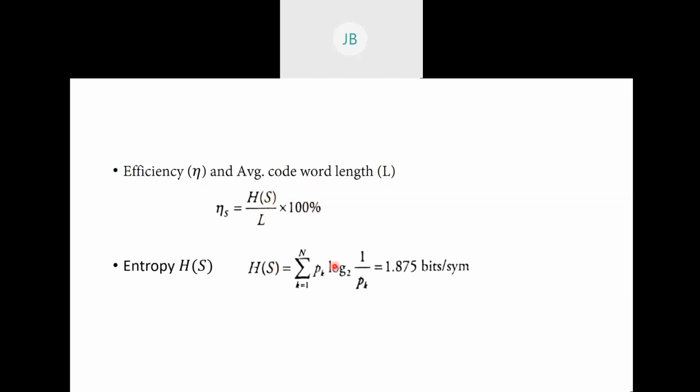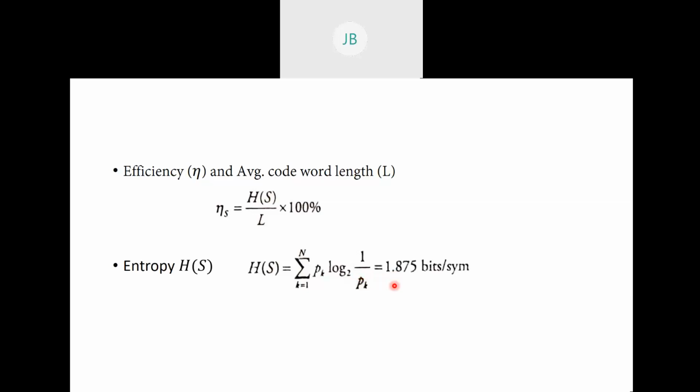It is the probability multiplied by log of 1 by probability, for every symbol generated from the source S. If you compute these values for all 5 symbols, for example, the first symbol probability is 0.5, log of 1 by 0.5, and so on. Keep adding those values, find the summation, and you should get a value around 1.875 bits per symbol.